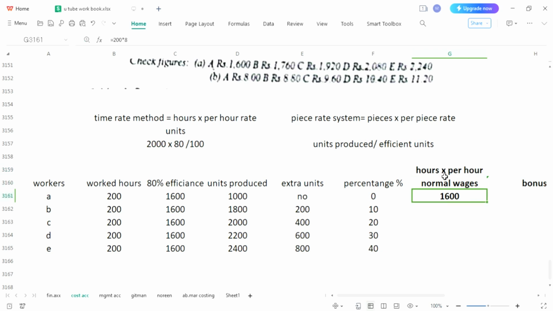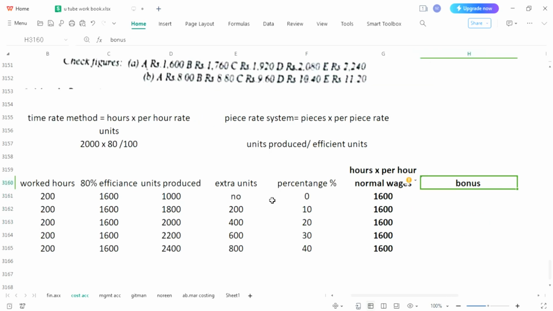So 1600 wages for everyone, as you can see, 200 for A, B, C, D, E. All workers have worked the same number of hours and the per hour rate is also the same. So what you will expect the normal wages for the remaining number of units, that would be the same 1600 as well. So in this way, your normal wages are calculated.